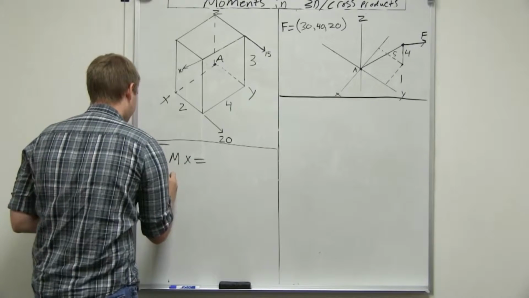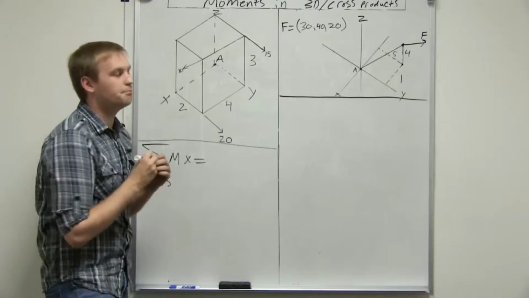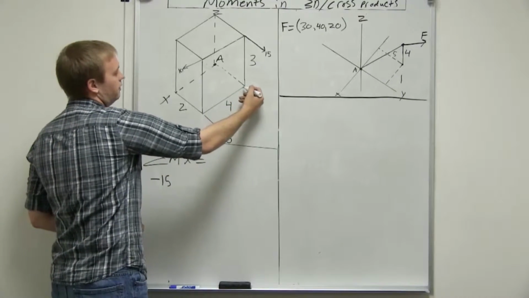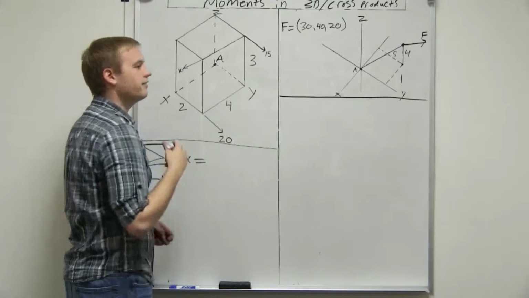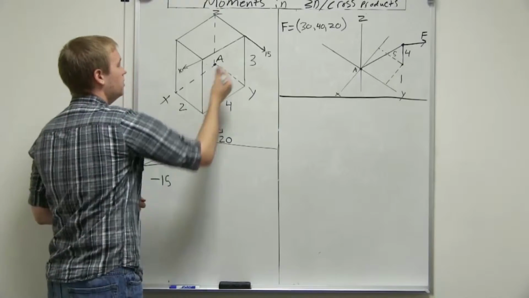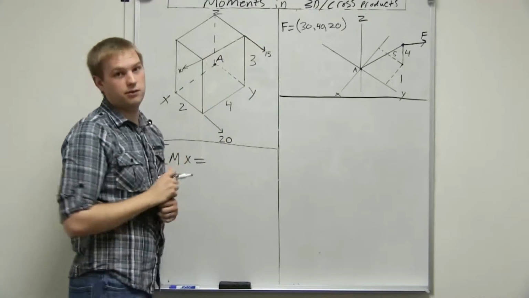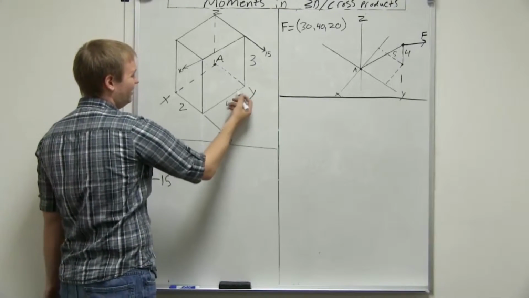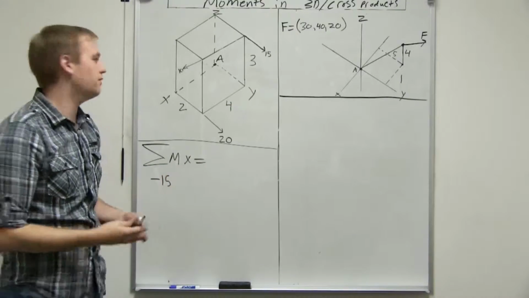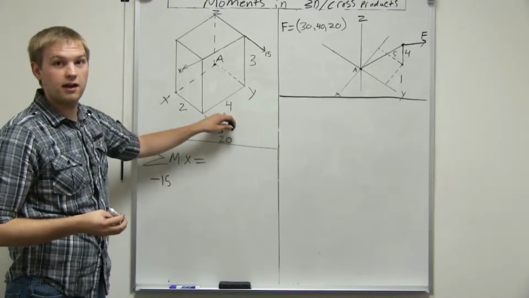So negative 15 times, okay, now we have to think about the perpendicular distance again. Well, this 4, yes, that is perpendicular to the 15 pounds because it's going in the x direction, and our 15 pounds is going in the y direction. But if you notice, the 4 doesn't really get us to anywhere specific. That doesn't get us to our point at all. So we know that we're not going to be using that 4.